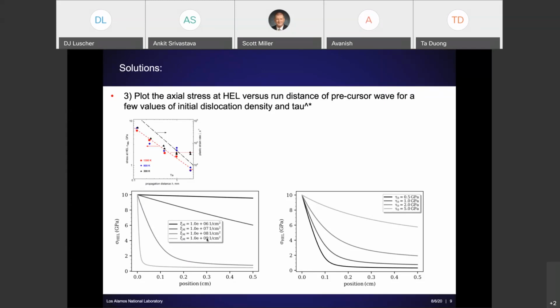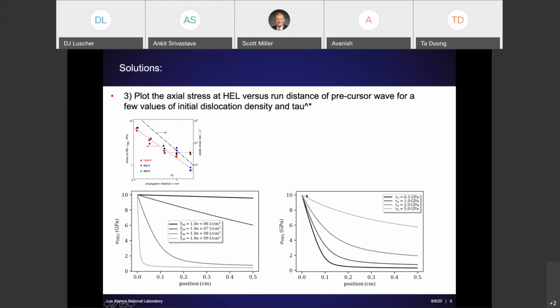And so what that's telling us is that the more dislocations we have available to accommodate the deformation through plastic slip, the more rapidly our axial stress at the HEL will decay to a stabilized wave.